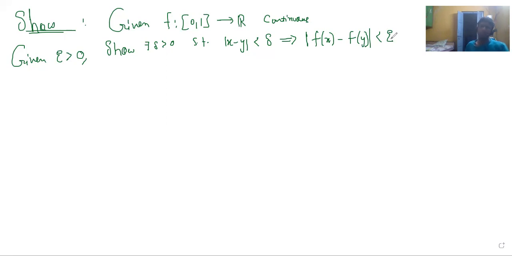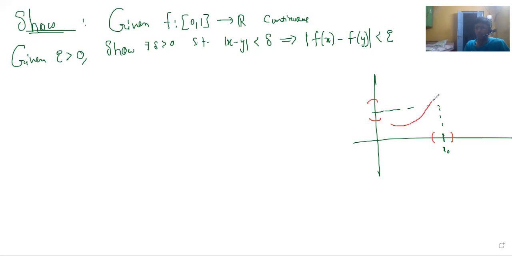So you see how this is not just continuity. In continuity, given a point x naught, you have a value. Around that value, we choose an error, and then we find a delta which works for this point.